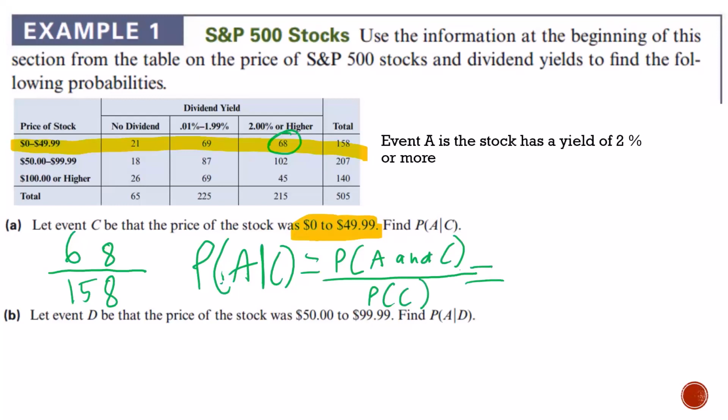So A and C is, well, there are 68 stocks that have both a high yield and a low price. Everyone see that? And if I want to find the probability of selecting that stock, how many total stocks are there?